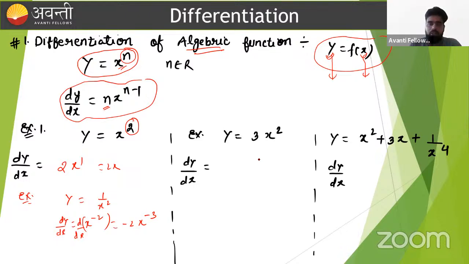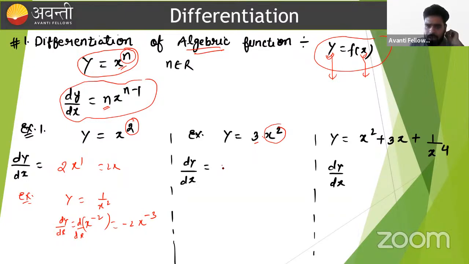Listen carefully. Whenever a constant is associated with a variable, differentiation doesn't affect the constant. Okay, keep this thing in your mind. So here 3 is a constant and it is associated with x square.